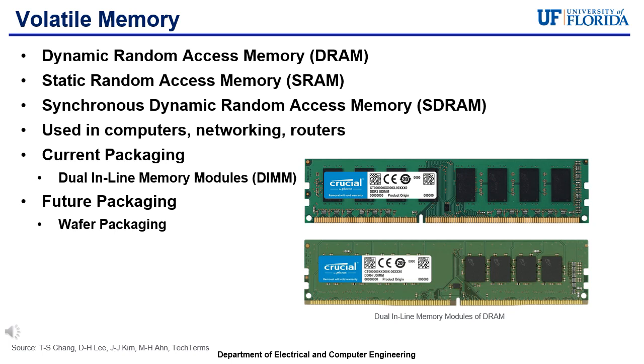Currently, volatile memory's packaging methods are usually dual inline memory modules, which is also known as DIMM. The main body of a DIMM is a printed circuit board, which is made up of fiberglass and reinforced epoxy composite. DIMMs usually have multiple memory chips, which consist of semiconductor materials like silicon.